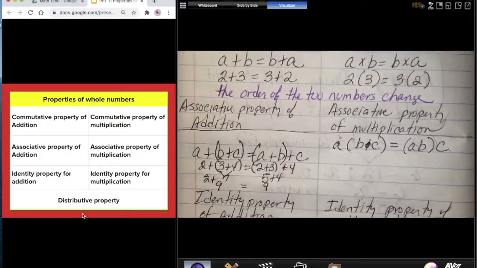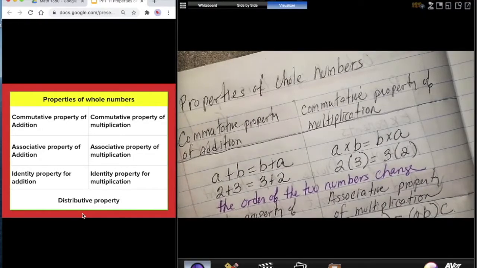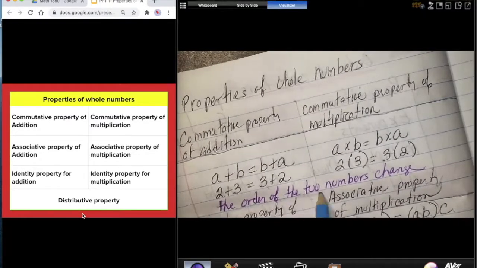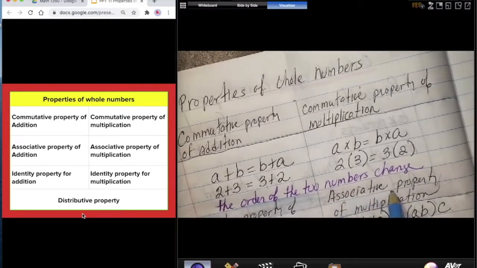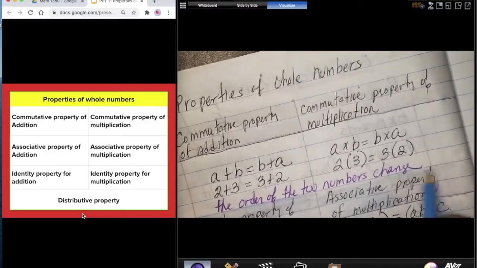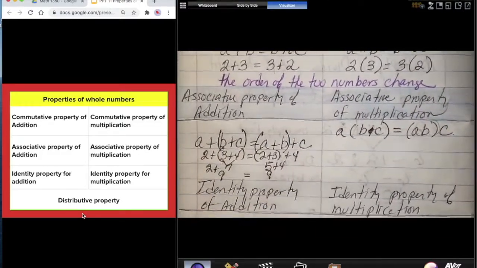Let me go ahead and highlight so this will stand out. And you can see the title here. And there we go, a little bit better.